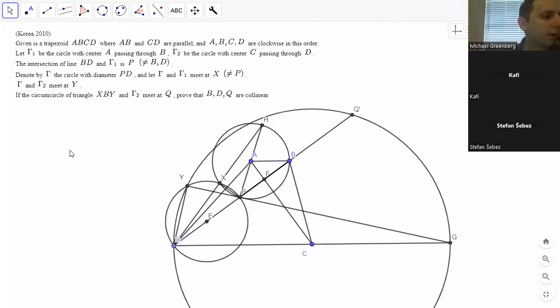Let me just write it down on paper, and then I'll tape it up. Basically, you want to show angle XBP is Q prime YX. So we're going to write it down. XBP equals Q prime YX, and XBP is XHP.